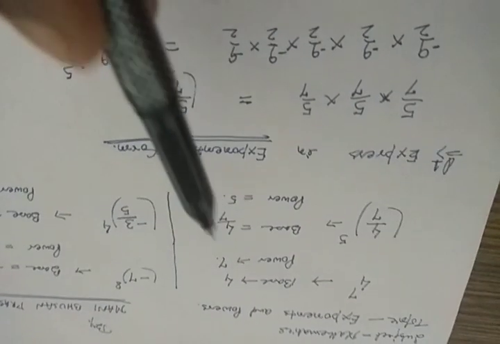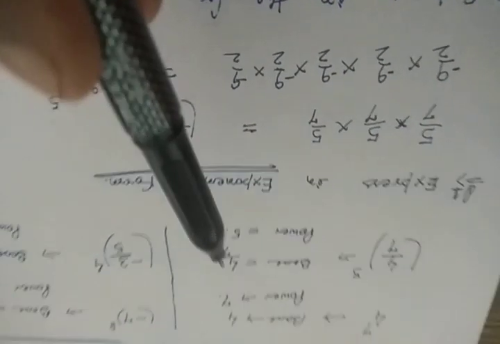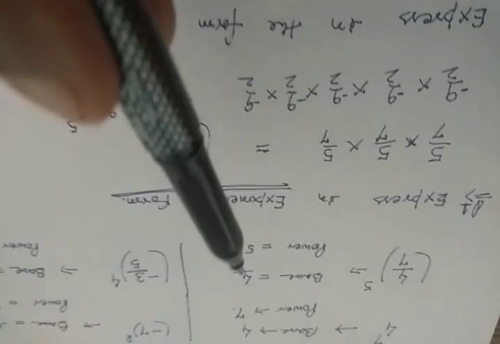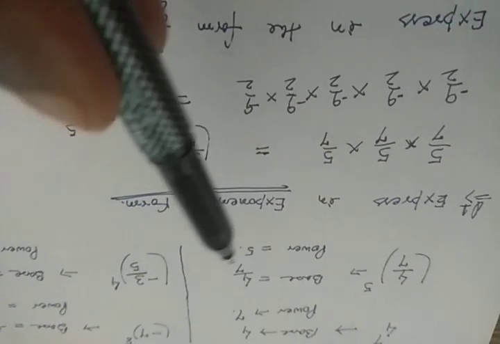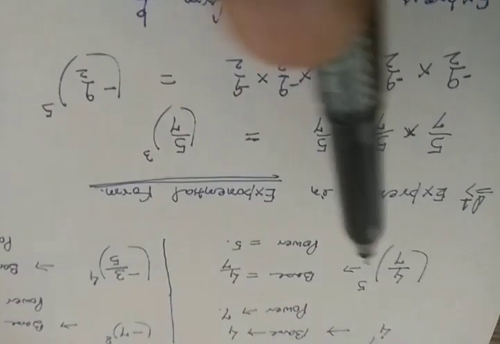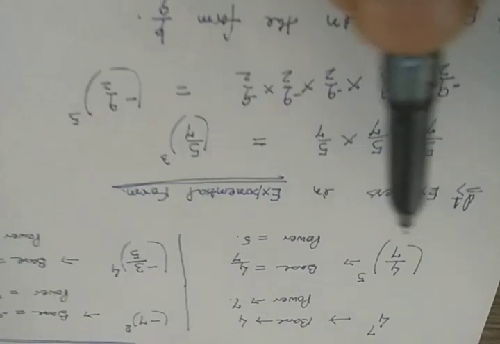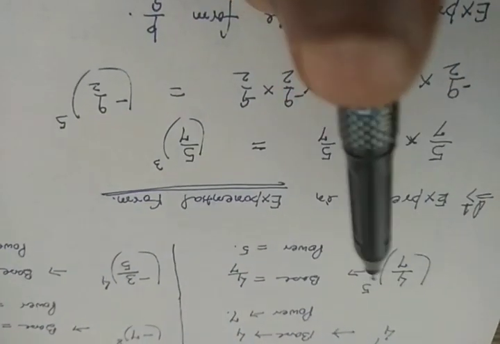And when you write like this, 4 by 7, this is called rational form, p by q. 4 by 7 means p by q form, so it is known as rational form. Whereas this rational number is expressed in terms of exponential form.